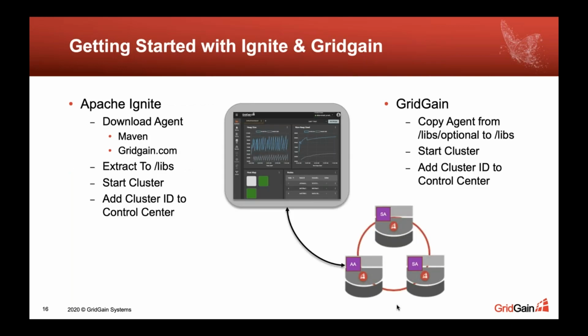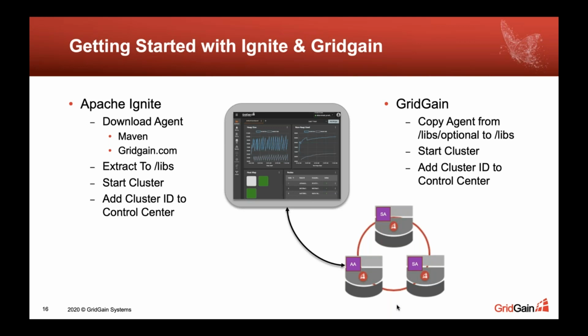So how do we get started with this demo? In order to enable monitoring on this cluster, we need to activate our agent. If we're working on the GridGain side, GridGain ships with our Control Center agent in the optional libs folder. We just need to copy the agent into the libs and restart the cluster.